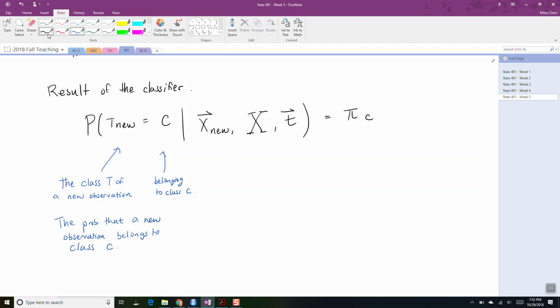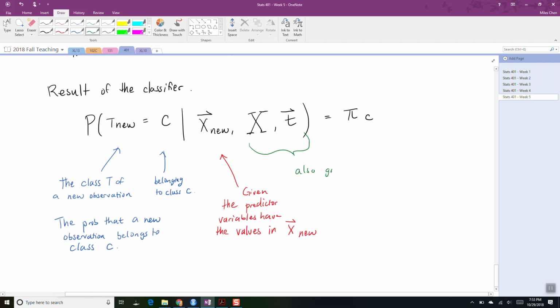And over here, this is given the inputs, or the predictor variables, have the values in the vector x new, and also given our training data.